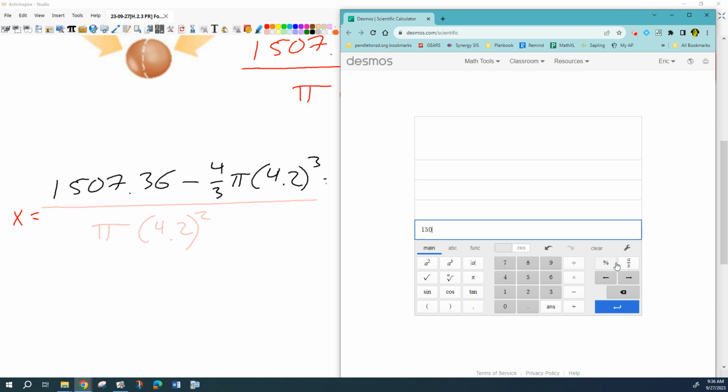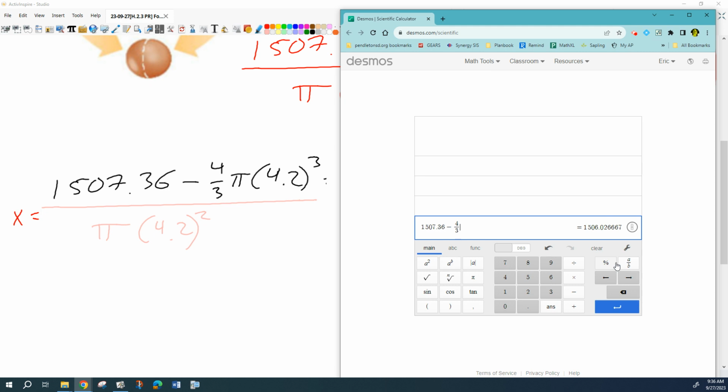We can just input the top, the numerator, all that stuff, 1507.36 minus, and I don't have to use a fraction bar. I can just do 4 divided by 3. If I hit the divided by sign, Desmos is smart. It knows to make a fraction.